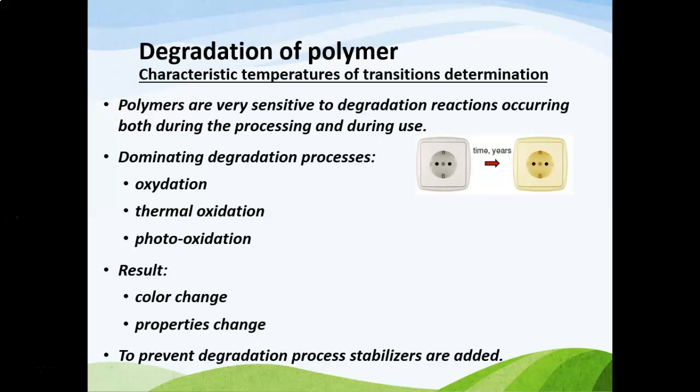The dominating degradation processes are oxidation, thermal oxidation, and also photo-oxidation. We can observe it by color change and property change, and we need to prevent the degradation from occurring. Then we can know what we need to do to overcome the degradation.